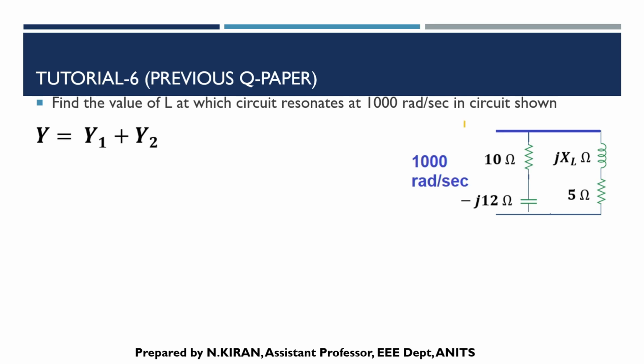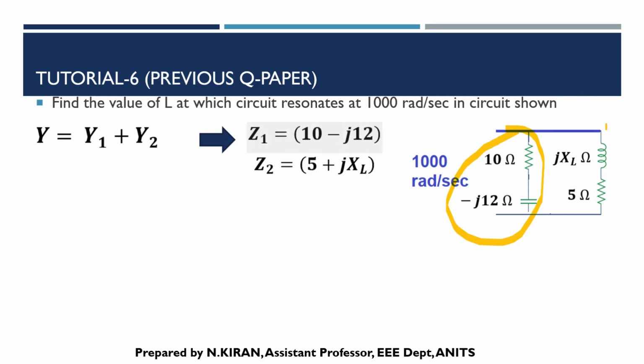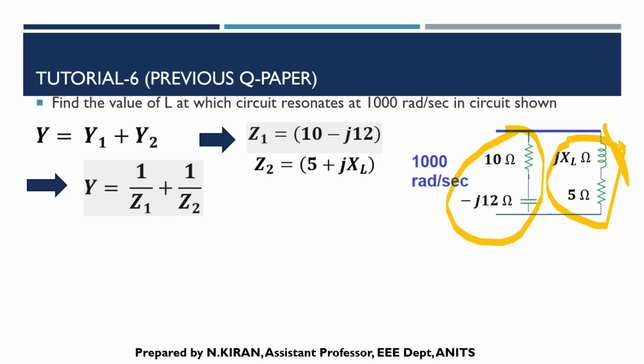So Z1 is 10 minus J12 ohms and Z2 is 5 plus JXL. Therefore total admittance Y will be 1 by Z1 plus 1 by Z2.